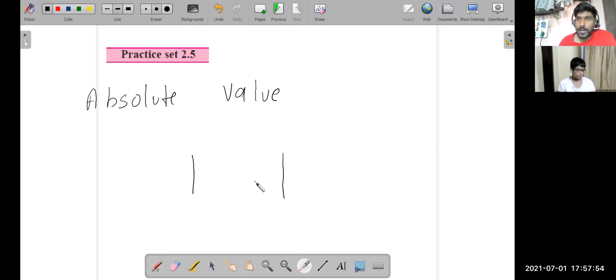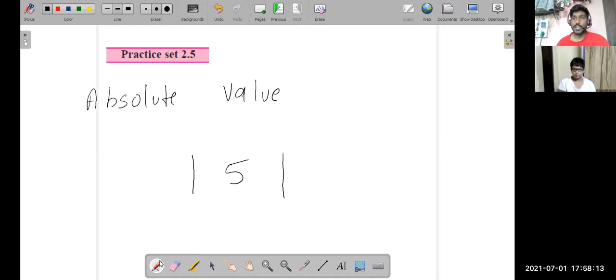So suppose I write a number here like this, this is called the absolute value of 5.